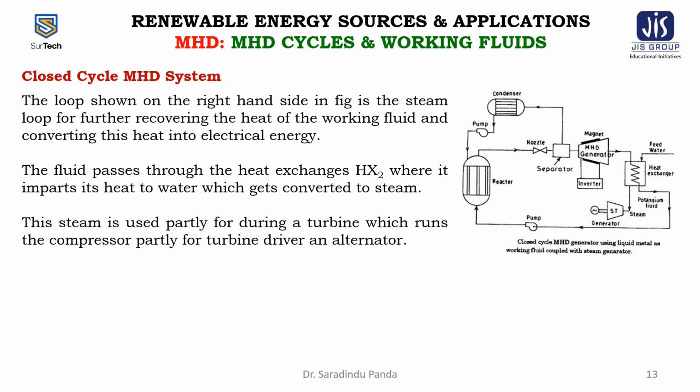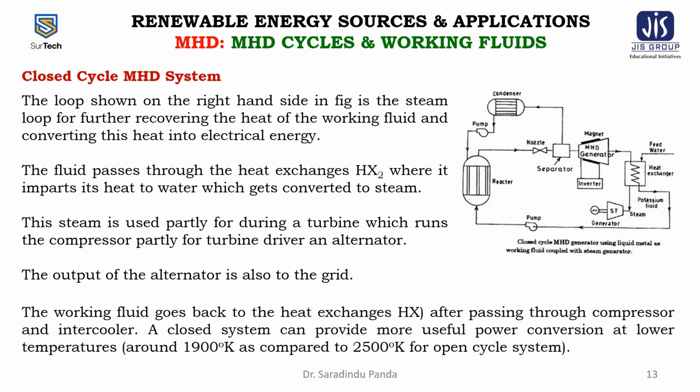This steam is used partly in a turbine which runs the compressor, and partly for the turbine driving the alternator. The output of the alternator also goes to the grid. The working fluid goes back to the heat exchangers after passing through the compressor and the intercooler. A closed system can provide more useful power conversion at lower temperatures, around 900 degrees Kelvin, as compared to 2500 degrees Kelvin for the open cycle system.